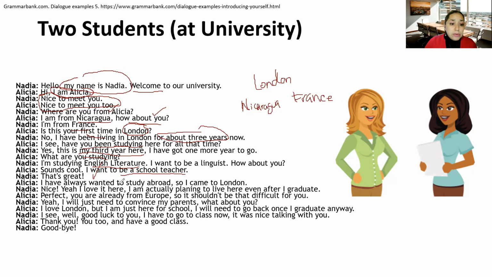And I always wanted to study abroad, so I came to London. Now is the time for Alicia to share more information, because up until here we were hearing about Nadia. And then, yeah, I love it. I'm actually planning to live here even after I graduate, says Nadia. So they are relating more about both of them being in London despite being from different countries.